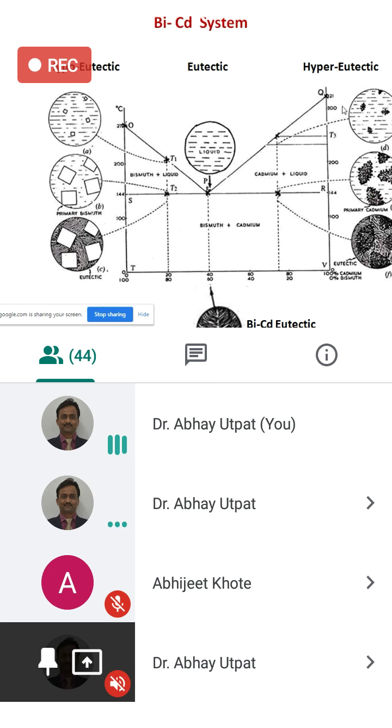See, my cursor is now at this left hand side top figure. Solid separates, which is rich in bismuth. Earlier solid was rich in bismuth, and on the right hand side solid is rich in cadmium.